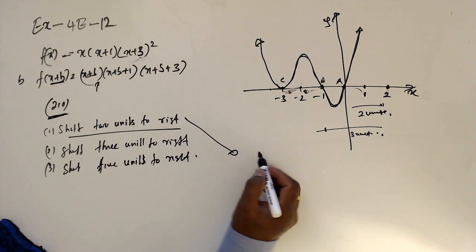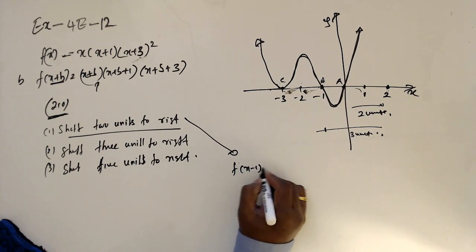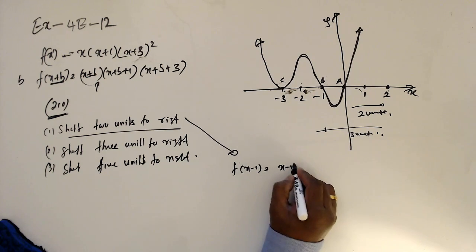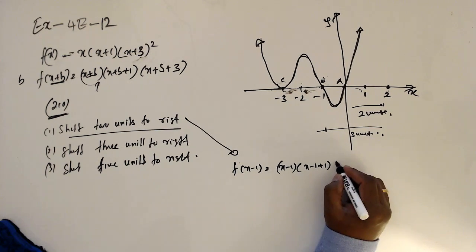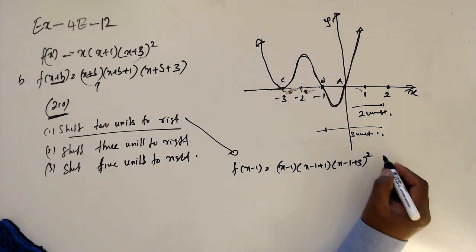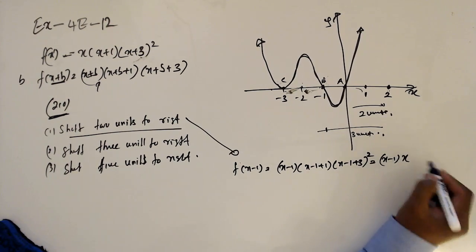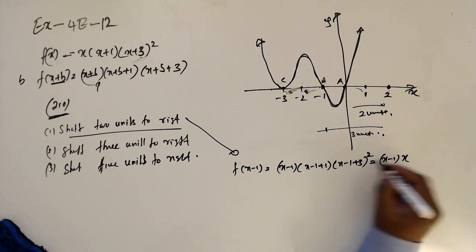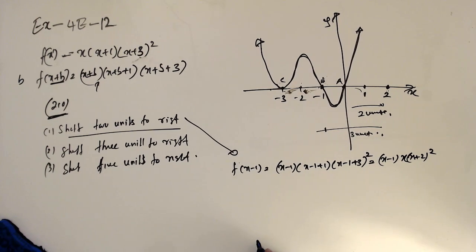Then shift 1 unit. What is the curve going to be? If x minus 1: (x minus 1) times (x minus 1 plus 1) times (x minus 1 plus 3) squared, which is (x minus 1) times x times (x plus 2) squared. That is one curve.